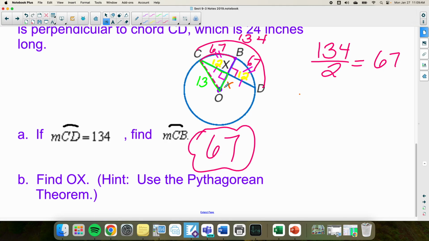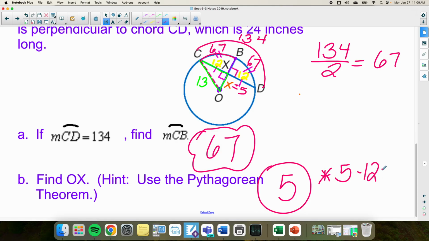Is this a Pythagorean triple? It's 5, right? 5, 13, and 12. So if you realize that, you wouldn't even have to do Pythagorean theorem. Your answer would just be 5. Okay?